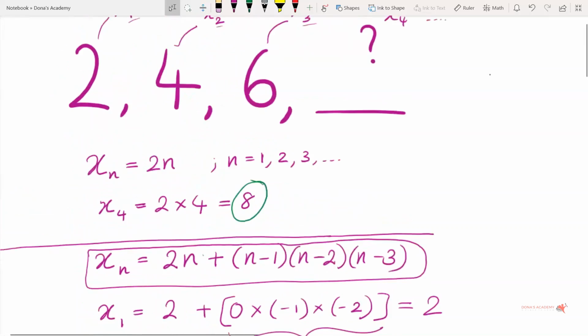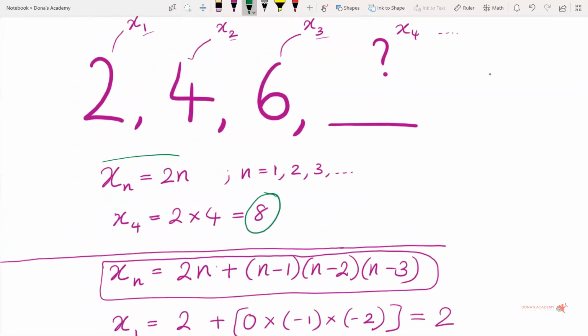Like here it is this 2n. So in that case, do it. Don't try to attempt this kind of approach, this kind of solution, because otherwise you will fail the test, because your teacher is expecting you to do so. You are supposed to recognize the common or the obvious pattern. So in that case, don't attempt this.